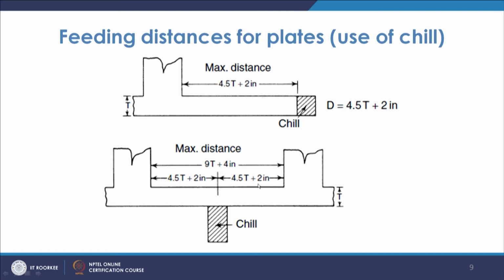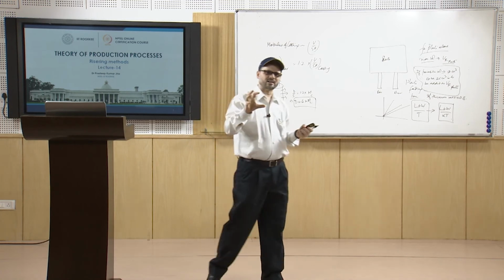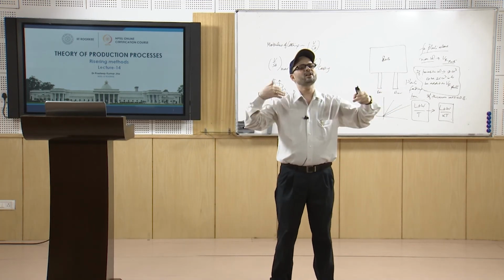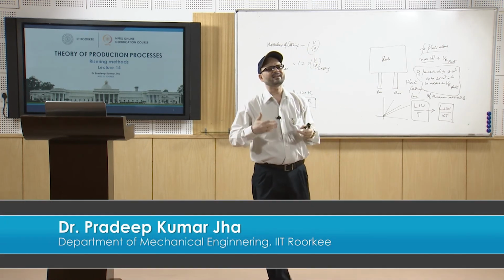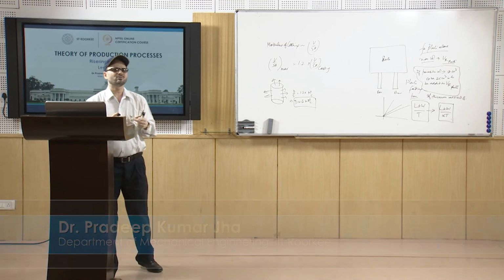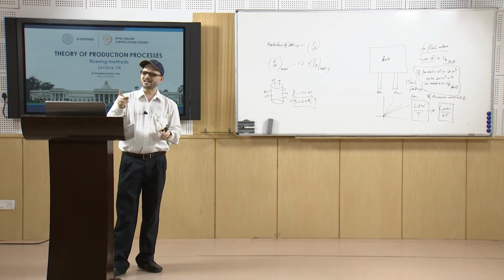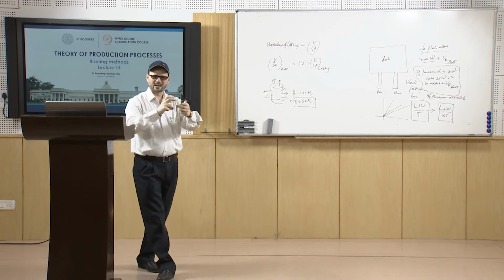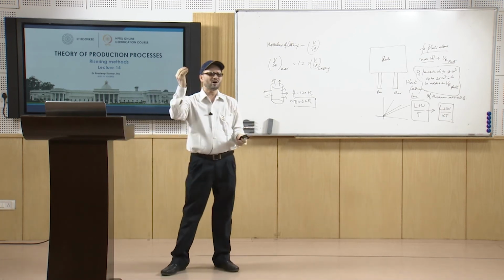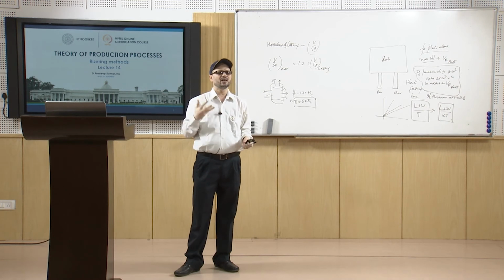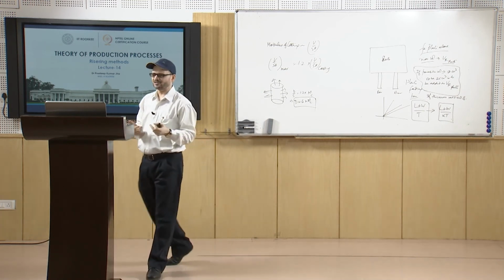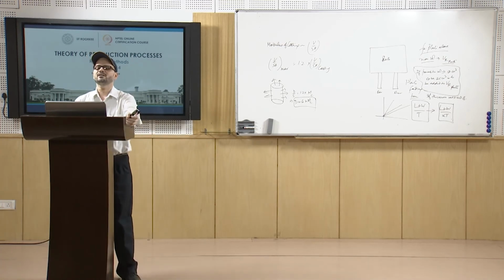Depending upon where you place the riser, your casting is completely fed and does not have any shrinkage defects. That has to be seen by looking at the riser dimension and how much distance is left. If a small distance is left you can use the chill, but if a large distance is left you will have to increase the number of risers. So the number of risers can also be decided based on that.